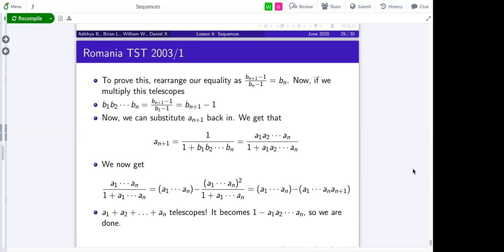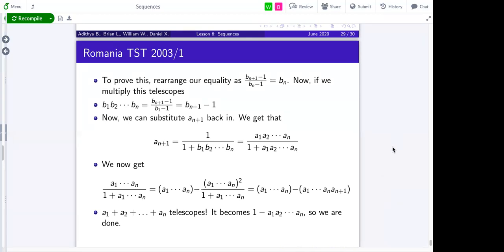Okay, so in the second to last step, what we're doing is we're first splitting up the fraction into the product of the first n terms minus the product of the first n terms squared over 1 plus the product of the first n terms. And you can just verify that this is correct by putting it under a common denominator. And the square will cancel out.